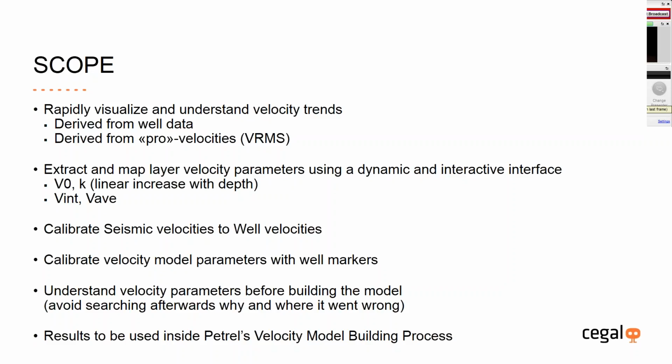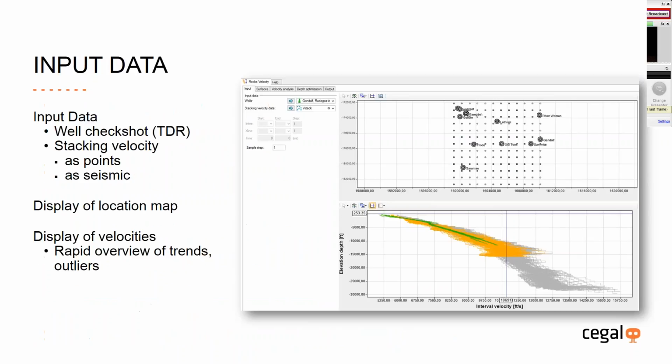model building process. So let me go pretty fast through the different options, first as a PowerPoint, and then we go to a live demo. The application is built in a logical way from left to right, with specific panels or tabs where things happen.